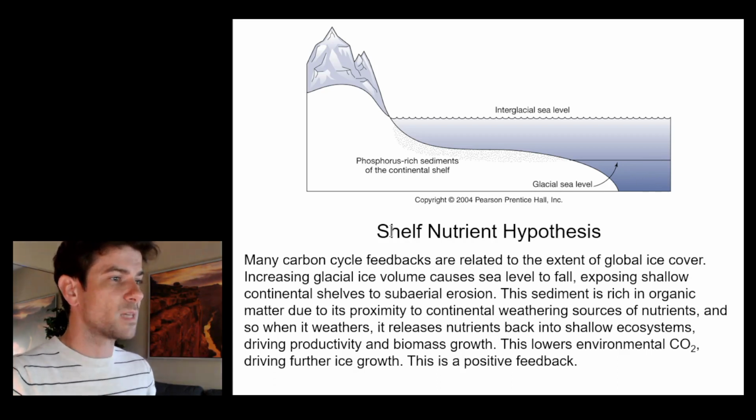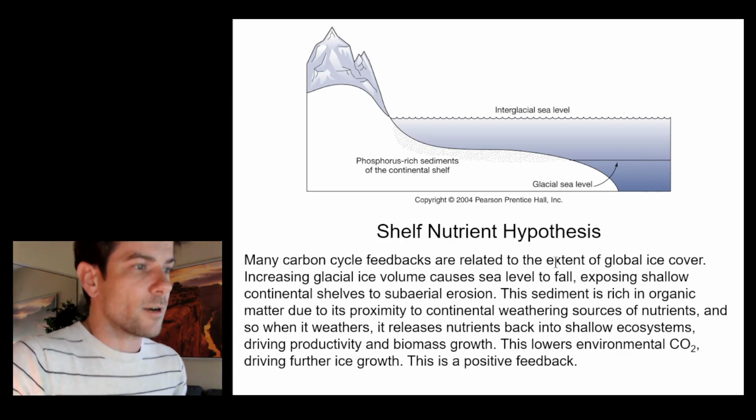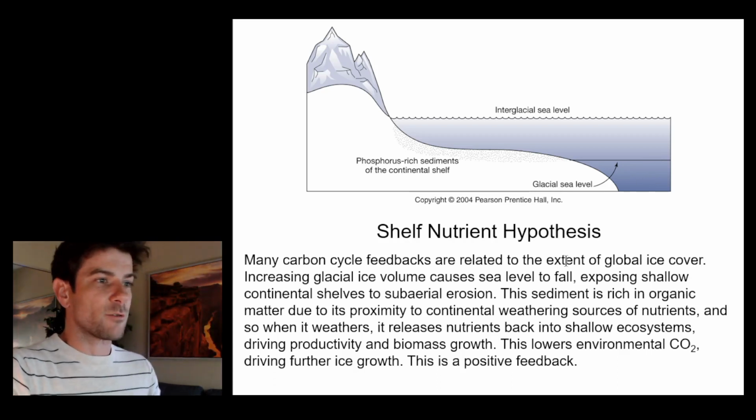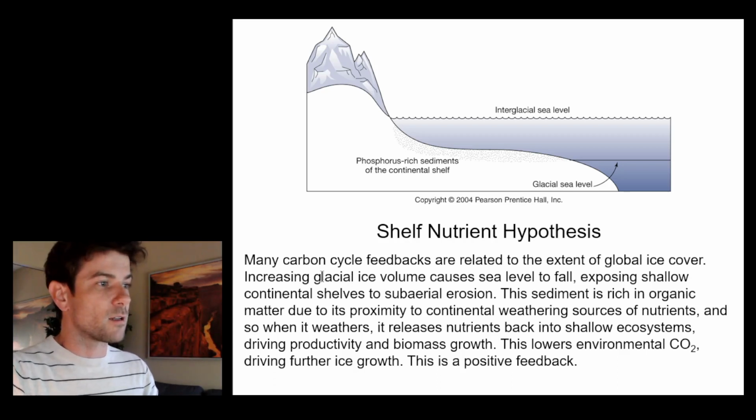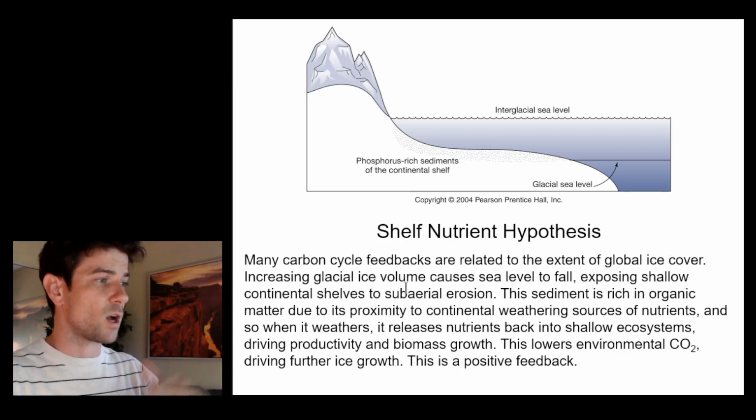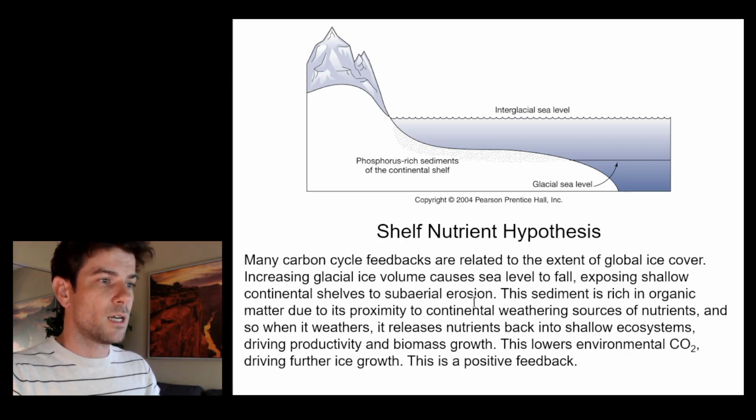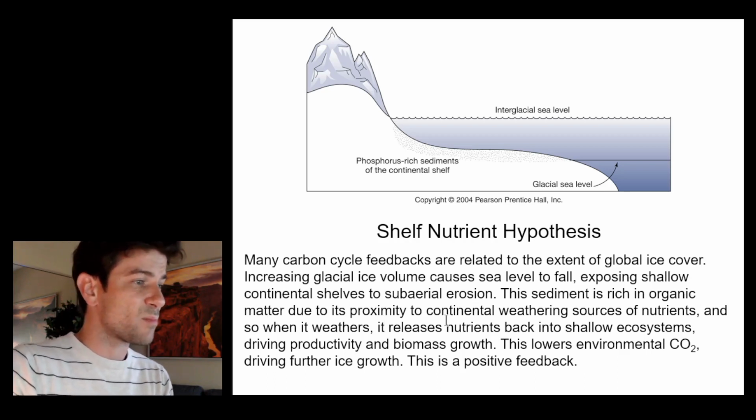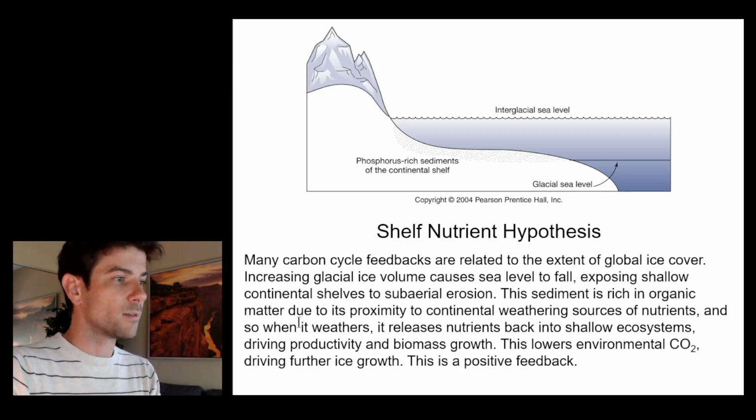Okay, and so let's see here. So many carbon cycle feedbacks are related to the extent of global ice cover. Increasing glacial ice volume causes sea level to fall, exposing shallow continental shelves to subaerial erosion. Subaerial just means above water, exposed to the air. This sediment is rich in organic carbon, organic matter, due to its proximity to continental weathering sources of nutrients and sediment and upwelling.